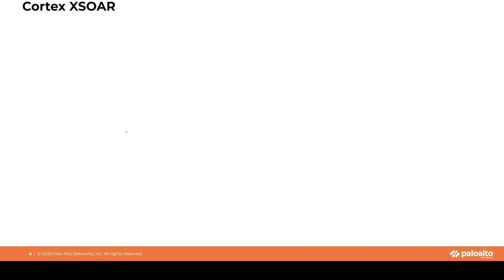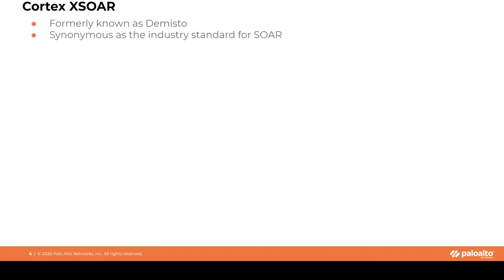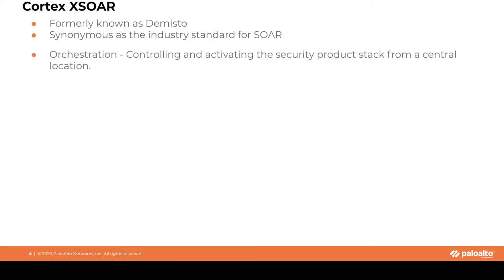I'll provide you with some context as to what Cortex XSOAR does. Cortex XSOAR is formerly known as Demisto, which is synonymous as the industry standard for SOAR. The SOAR acronym stands for Security Orchestration, Automation, and Response, which means that this is actually a platform which allows you to automate much of the SOC and other operations. Orchestration stands for running all of your operations from a single platform.